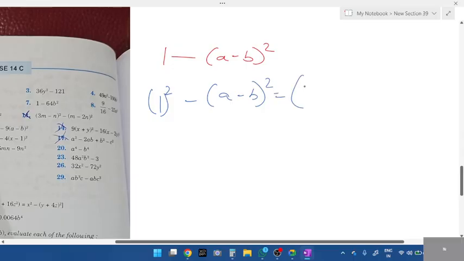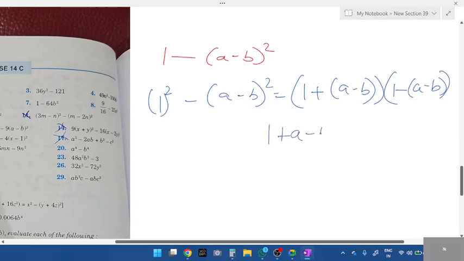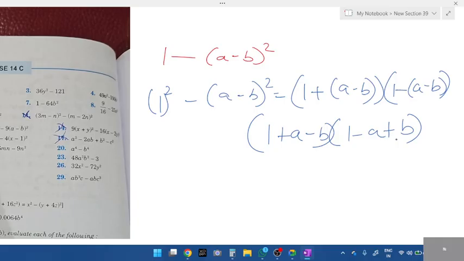That is equal to A plus in bracket A minus B, open another bracket, A minus B. Then the final answer 1 plus A minus B, 1 minus A, minus into minus is plus B. And I've taught you all even the bracket rule, how to multiply, add and subtract. Any doubts in this? How the value has changed?